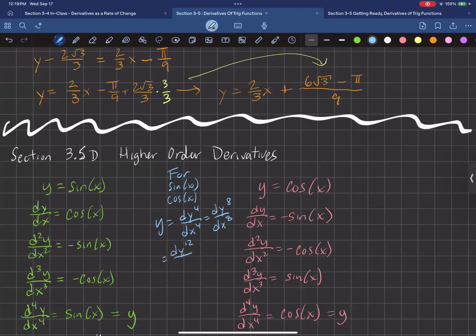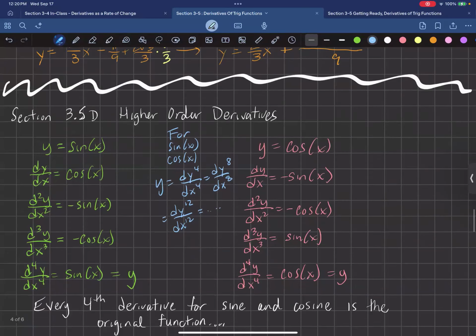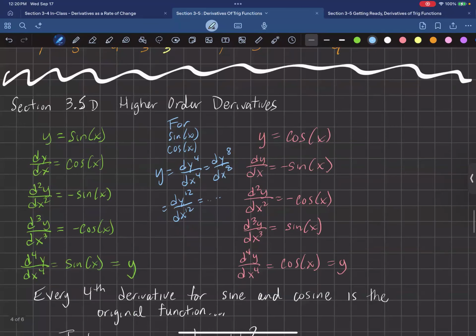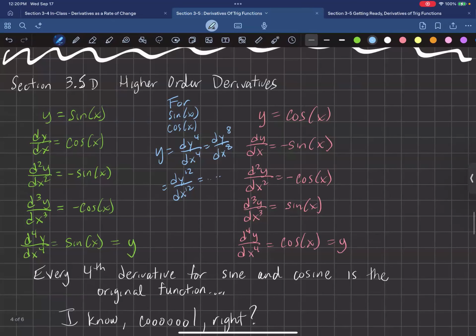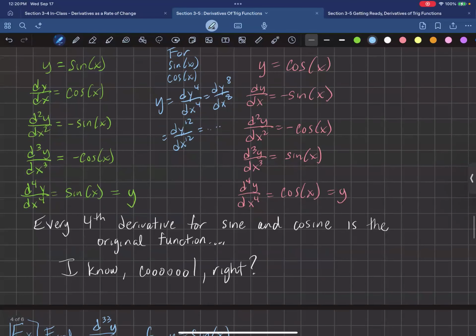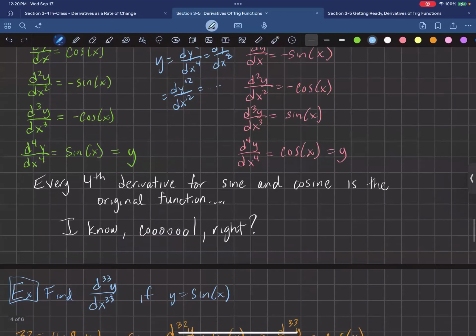Every four, we're back to where we started, and we keep going. So every fourth derivative for sine and cosine is the original function. I don't know about you, I think that's pretty cool. It's actually super important, as we'll see in a second.